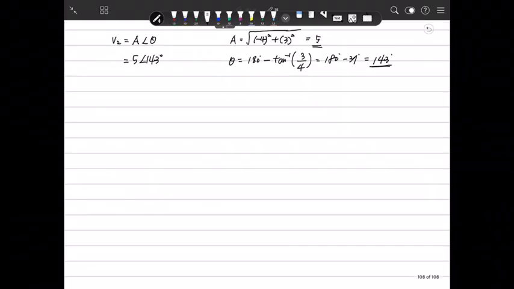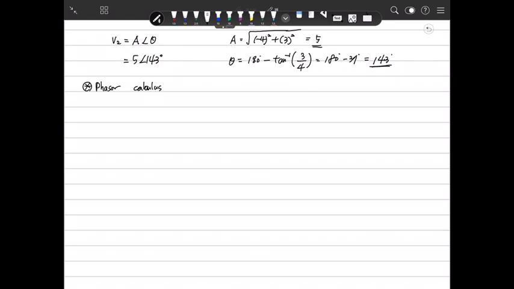So we need to be familiar with phasor calculus.